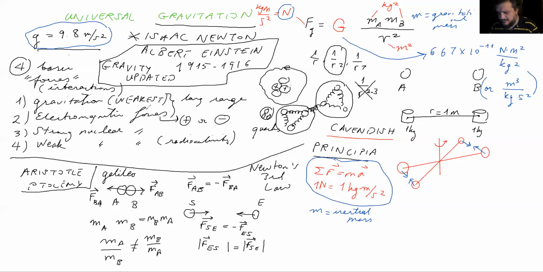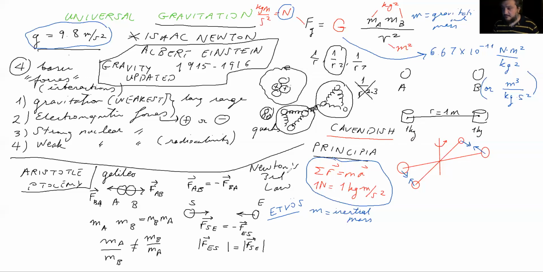I think these are called Eötvös experiments. A Hungarian physicist, I'm not sure about the spelling, but let's say Eötvös. He did experiments, I forgot the date, but this experiment has been repeated many times with high-tech equipment, and they always found the same answer.